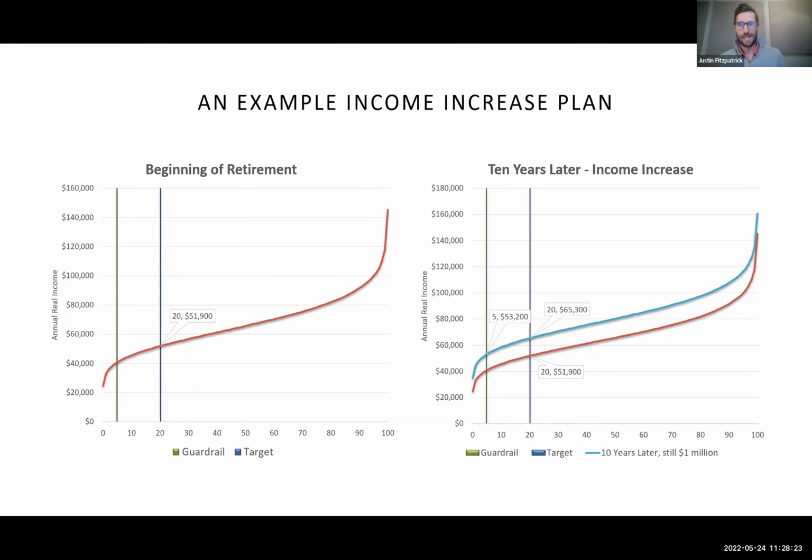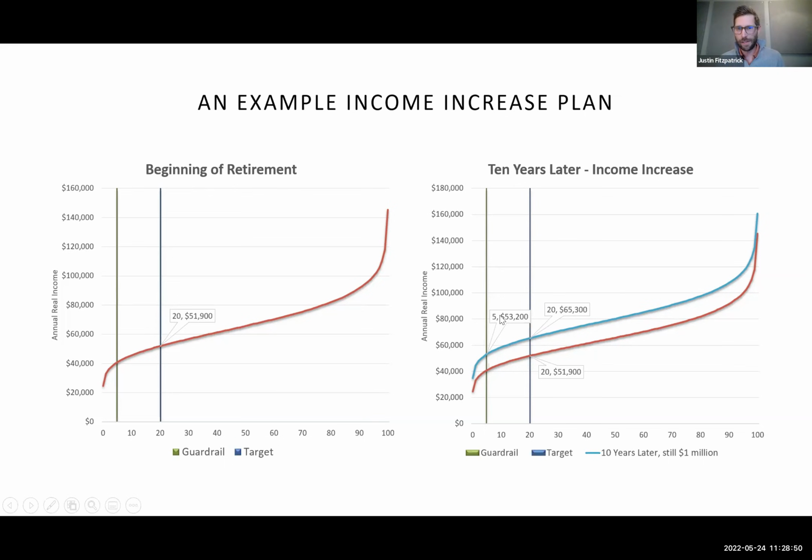Live a little. And so let's say 10 years later, these folks still had a $1 million portfolio. Now there's some complexity with inflation. We'll just ignore it here. And they're still spending $51,900 from that portfolio. And their plan is now 20 years instead of 30 years. We've talked before about how a plan doesn't actually decrease 1 year per year lived, but again, we're simplifying.